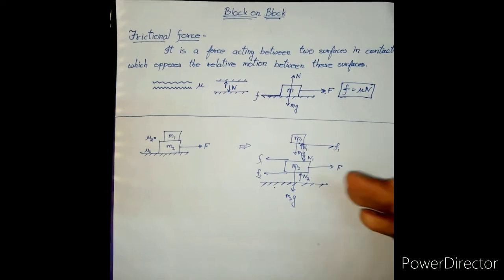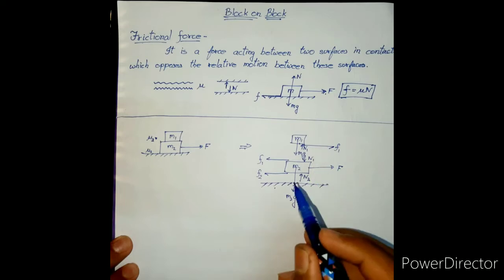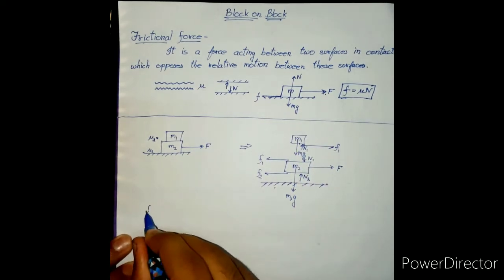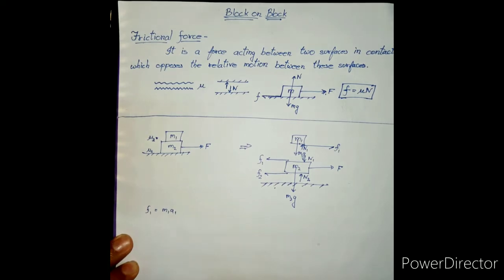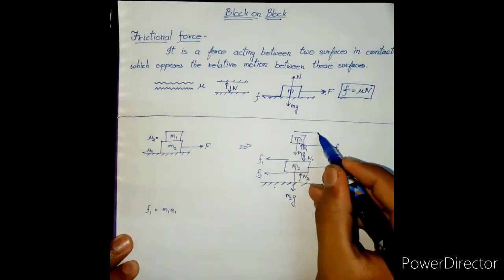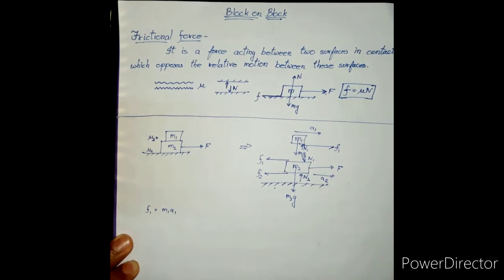Now let us take all the equations for these free body diagrams. For horizontal forces on m1, we will get F1 equals m1a1. And what is a1? a1 is the acceleration of the first block and a2 is the acceleration of the second block.